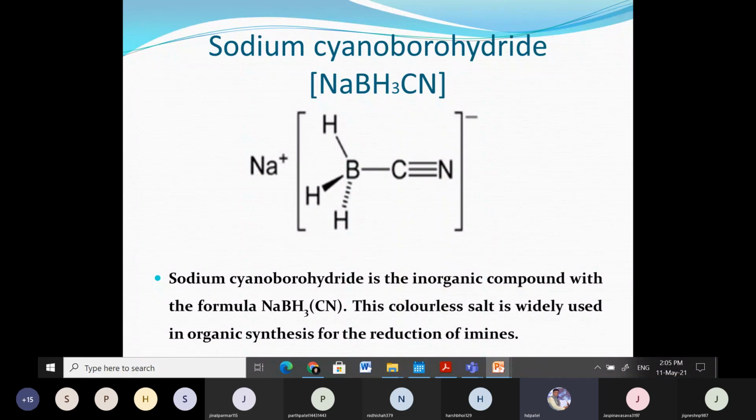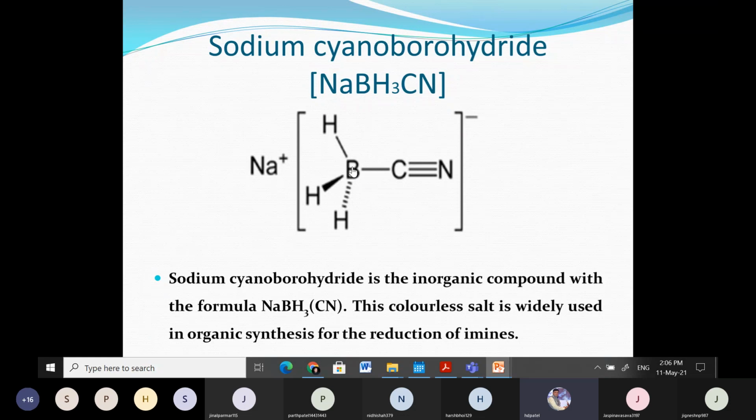As per the hybridization and the electrons available in the excited state in the outermost shell, there are three electrons, and due to the presence of three electrons boron can form three bonds. So here boron has formed three bonds with hydrogen, but boron has one more orbital, the vacant orbital. Cyanide, CN-, acts as a nucleophile and has a tendency to donate electrons to boron; boron accepts those electrons in its empty orbital, and that's why we get BH3CN-.